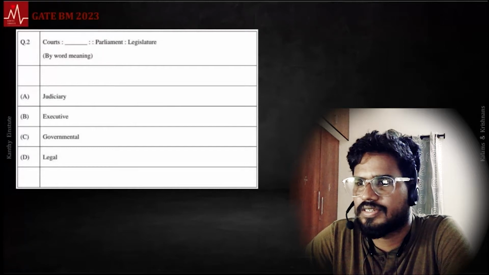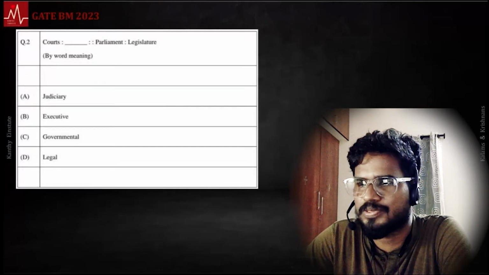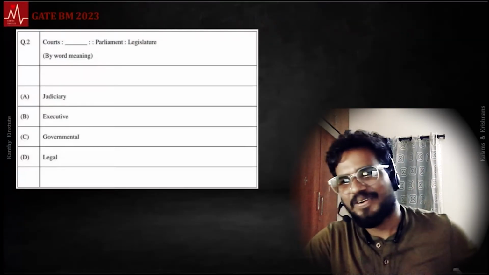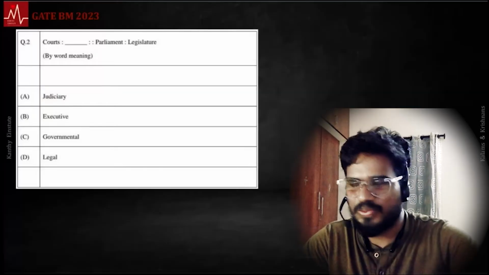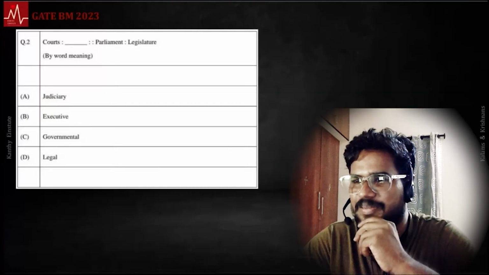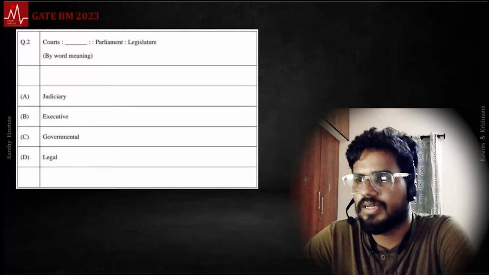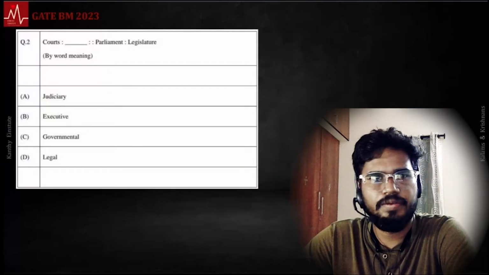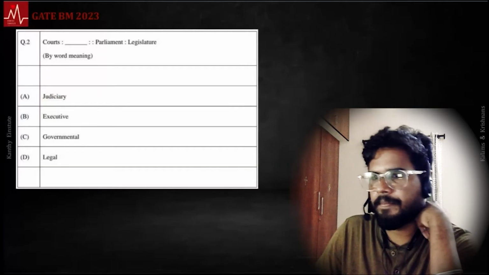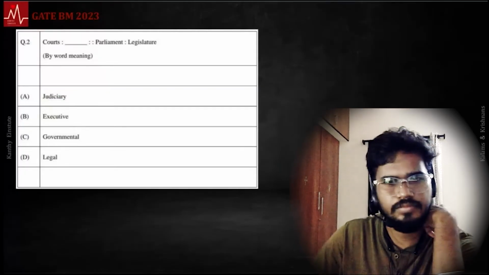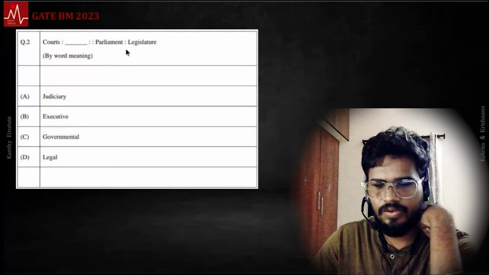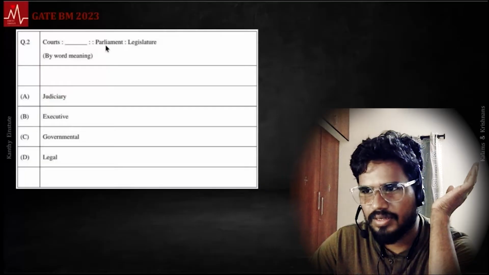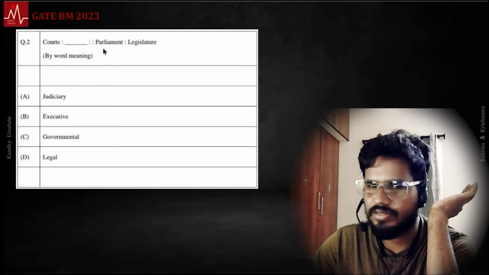Quotes dash. We have seen this in mathematics, I suppose. Is to, and all that, ratio and proportion. What is this? Oh, word pair analogy. Quotes dash, analogously parliament legislature. Quickly, how do we answer this? So the tip here: the best way to find the analogy is to form a simple and complete sentence with the full pair.